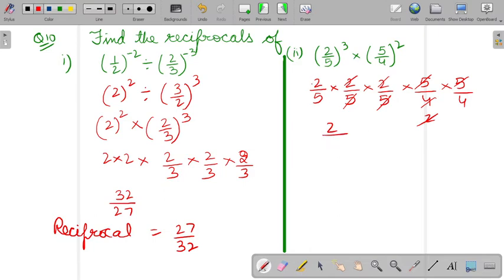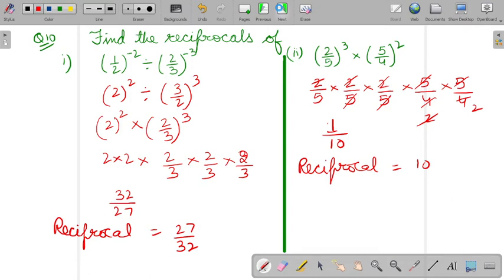Here this 2 also can be cancelled out. So it will be 1 upon 5 multiply 2. That would be 10. Now you have to write its reciprocal. So reciprocal means you have to interchange their position. So it will be 10 upon 1, or straight away you can write the 10 also.